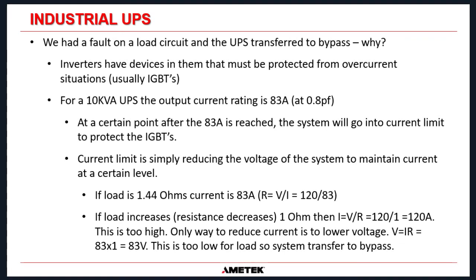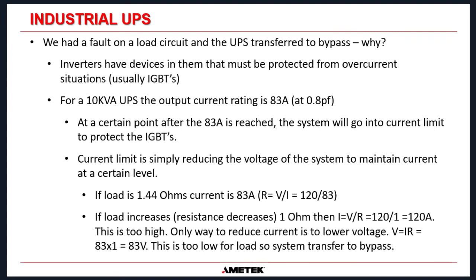And the only way that happens is if the resistance decreases. If you add load to a system, the resistance of the load in total is going to go down. So let's say it goes down to 1 ohm. Then we have to use Ohm's law, I is equal to V over R, which is equal to 120 divided by 1, which means we will be supplying 120 amps if the load has been changed to 1 ohm.